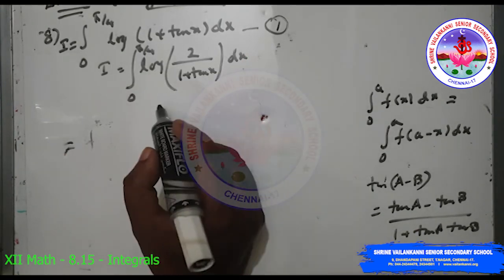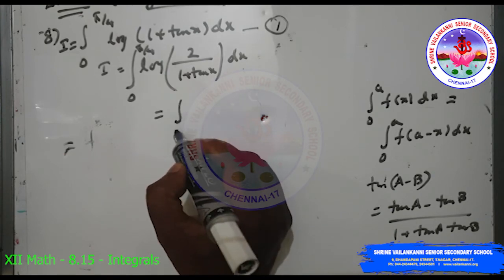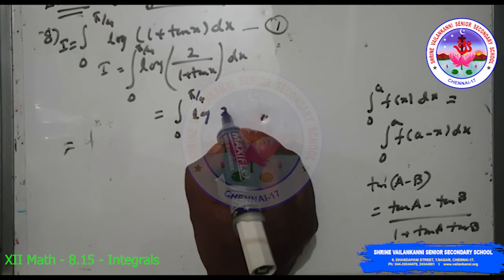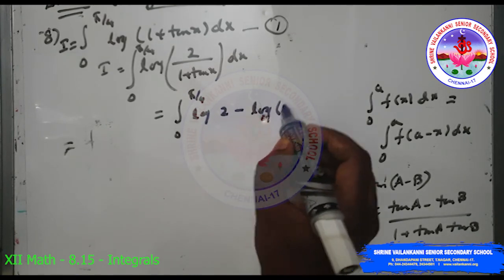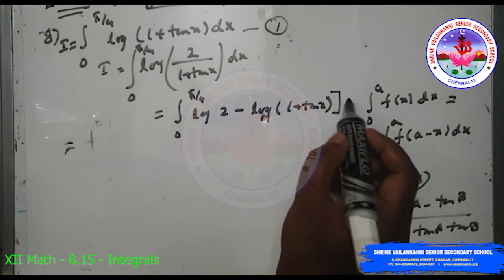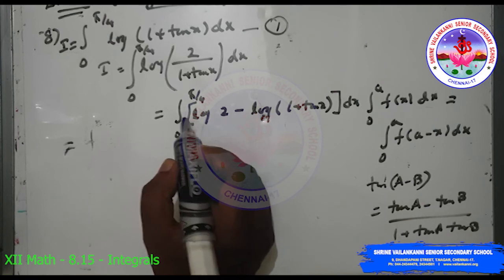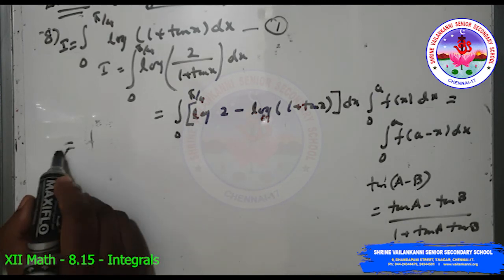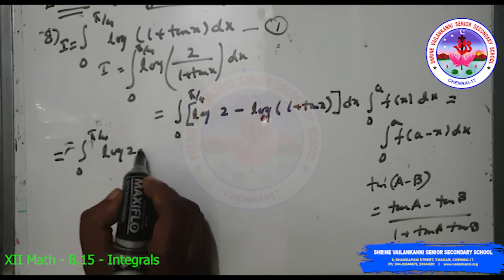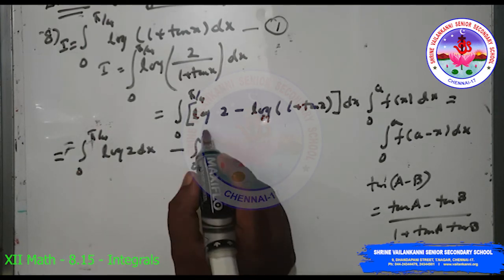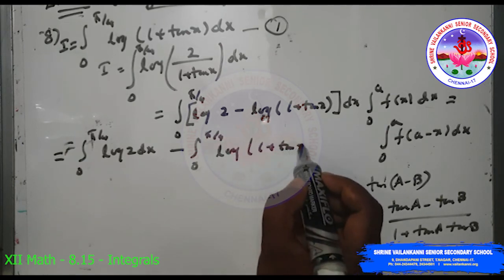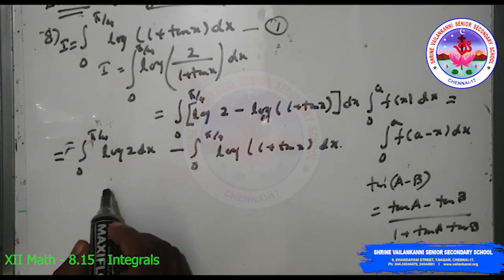So which is equal to integral 0 to pi by 4 log 2 minus log 1 plus tan x. So log of x by y is equal to log x minus log y. So separate into two integrals, integral 0 to pi by 4 log 2 dx minus integral 0 to pi by 4 log 1 plus tan x dx.